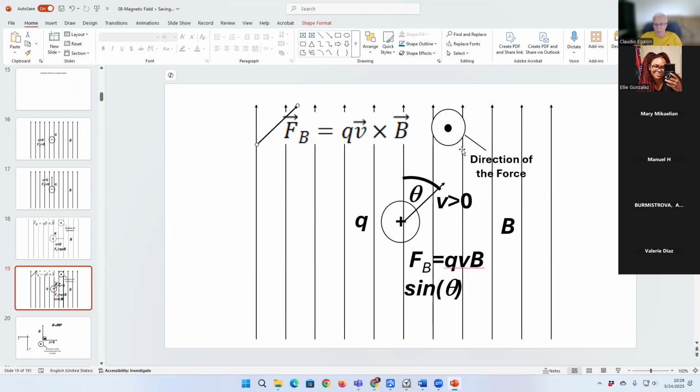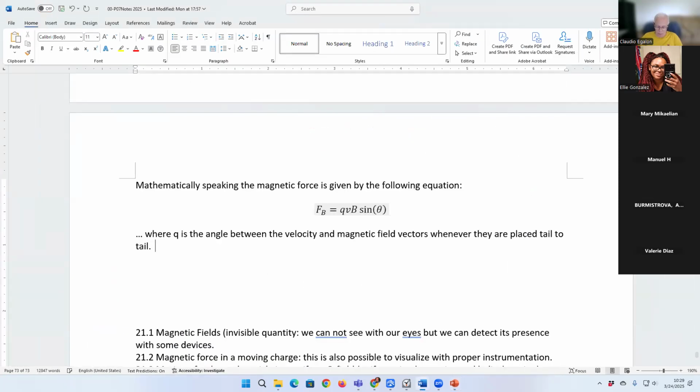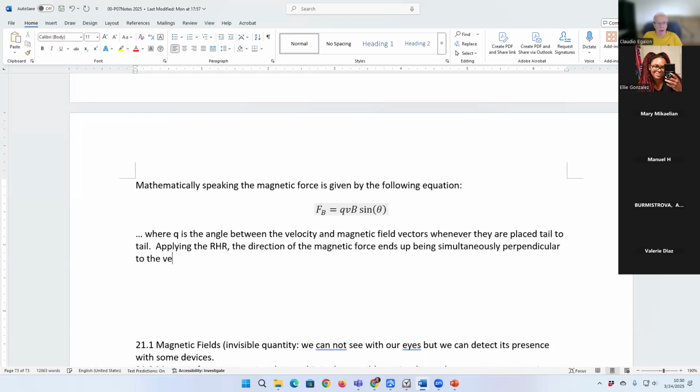Applying the right-hand rule, the direction of the magnetic force ends up being simultaneously perpendicular to the velocity and magnetic field vectors.